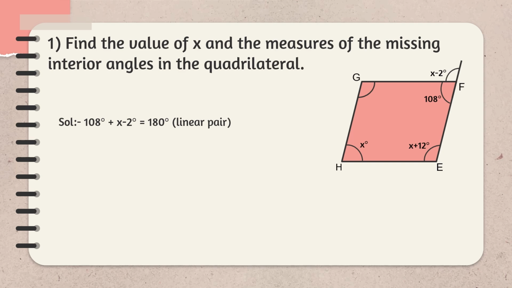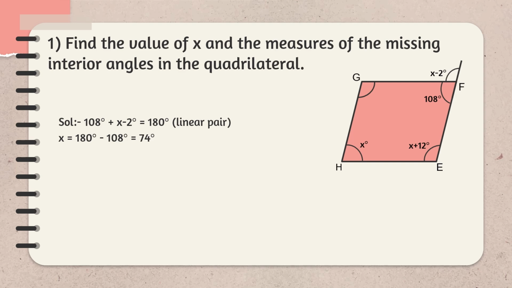Always keep this in your mind: whenever you see such angles, use this to find the x value. So 108 degrees plus x minus 2 degrees is equal to 180 degrees. From this we get our x value, that is 74 degrees.